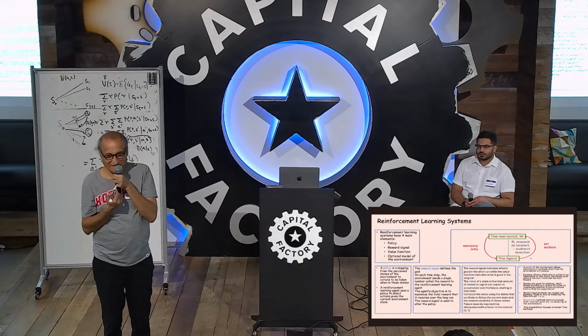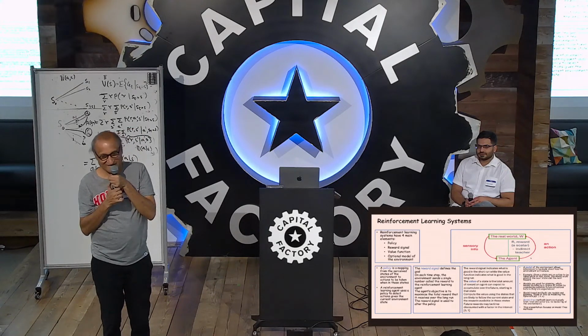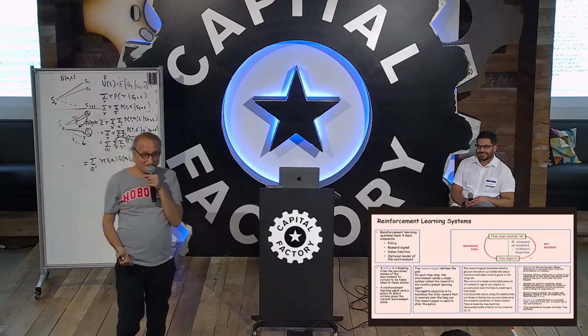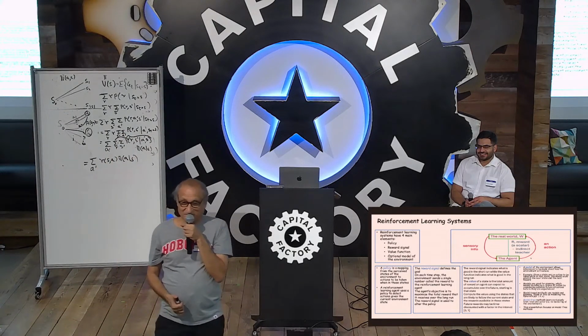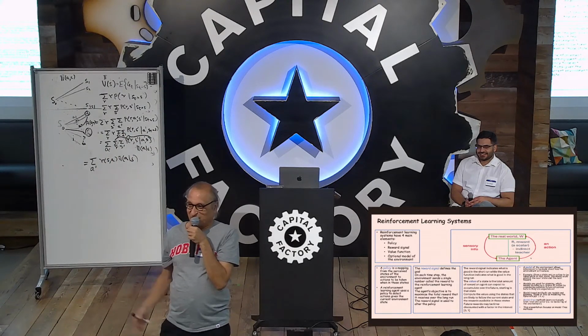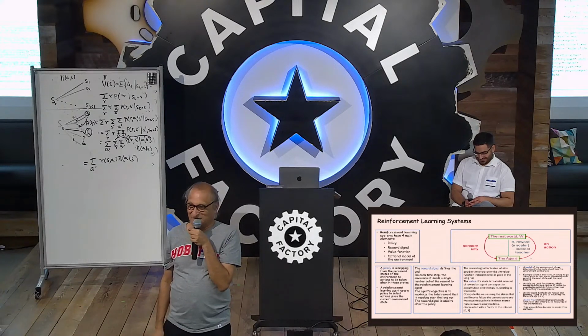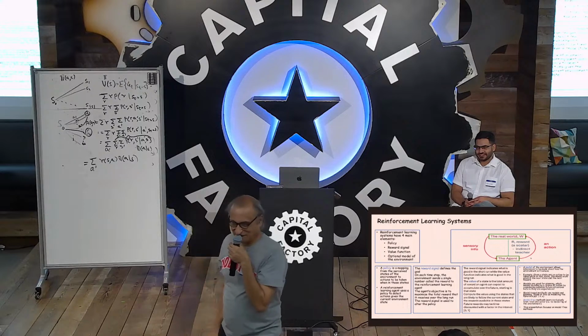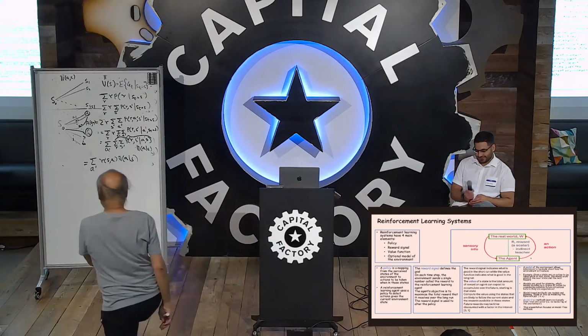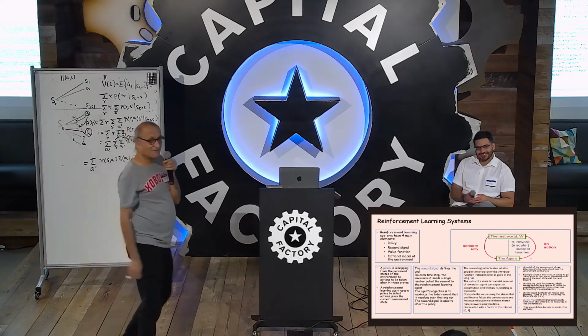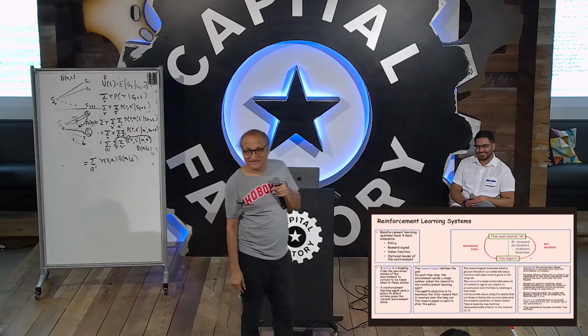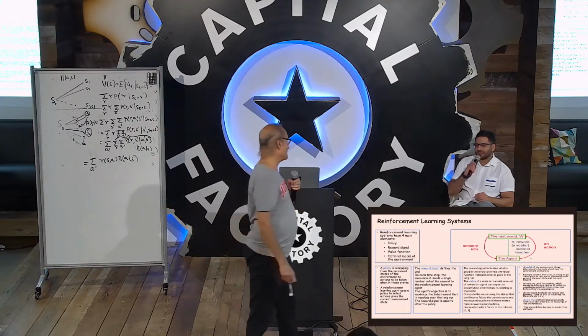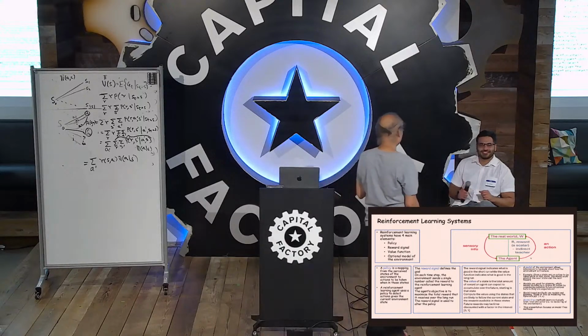Is that clear now? I'm here to answer your question. I'm a teacher, so I'm supposed to make sure that you all understand what I'm doing. Okay, we'll take it offline. Don't worry, it won't be on the test.